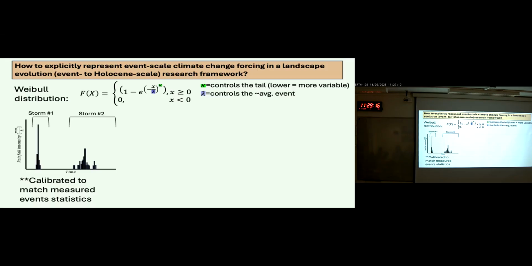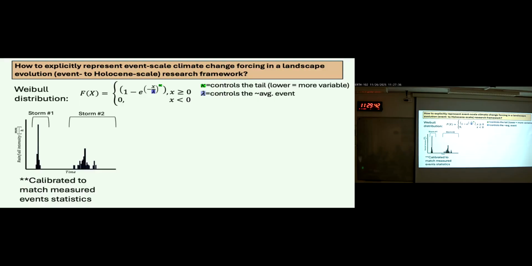This tool actually allows us to simulate any kind of hydroclimate parameter such as temperature or discharge, but I use it for rainfall. And I use the Kappa distribution to describe this rainfall series that depends on two main parameters, kappa, which controls the tail of the distribution, and lambda that controls the average event.